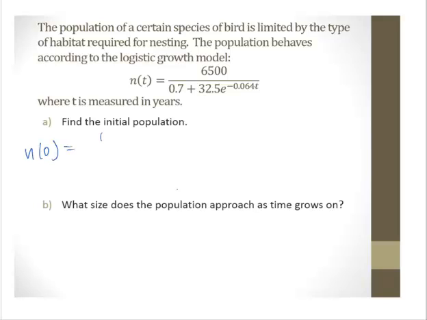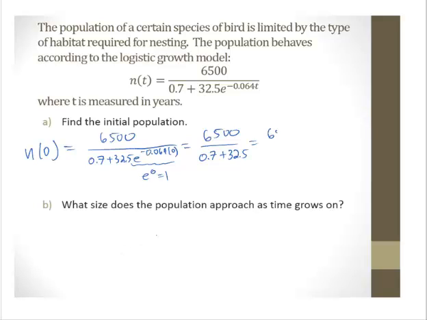N of 0 would be 6,500 over 0.7 plus 32.5 e to the negative 0.064 times 0. So notice that our exponent is 0 and e to the 0 is 1. So that gives us 6,500 over 0.7 plus 32.5.